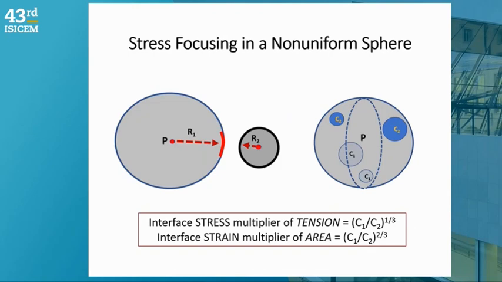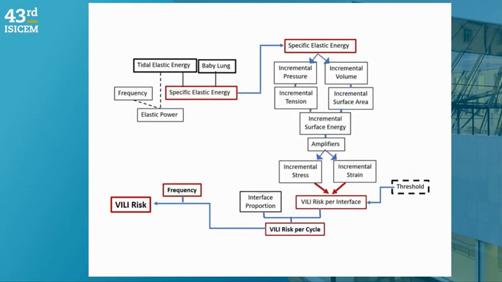And in a paper that's just been accepted, we could compute the interface stress multiplier of tension between a low compliance area and a higher compliance area of a similar volume, an interface strain multiplier of area, which relates to strain by a ratio of the relative compliances and exponents to those equations. I don't want to go too deeply into that because it's theoretical, but I think using bedside parameters, we can actually use it. Final slide.